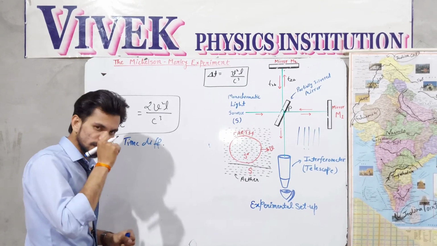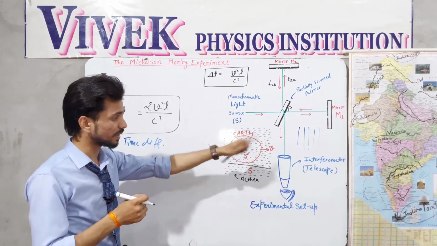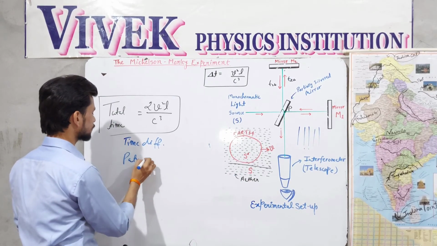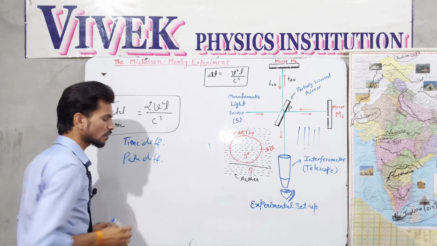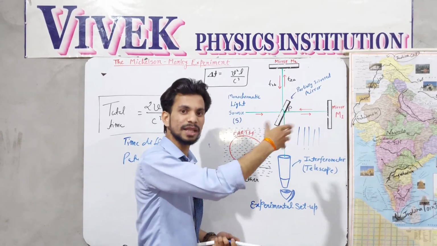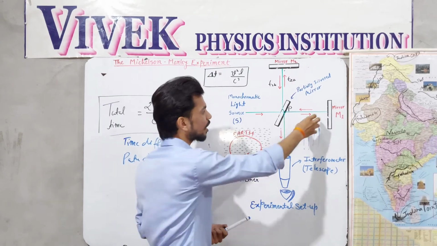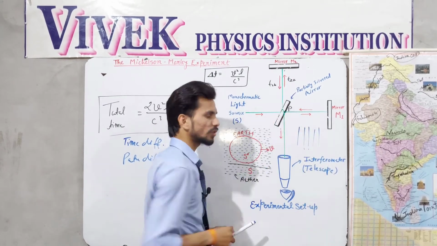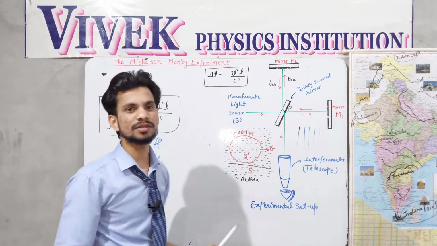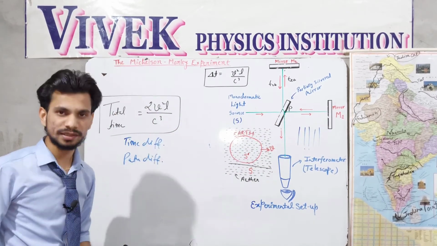In order to find the fringe shift, I should have the path difference, because whatever the fringe shift is, that will be equal to the path difference of these two rays coming from M1 to P and M2 to P, in the particular condition when we have rotated this by 90 degrees.